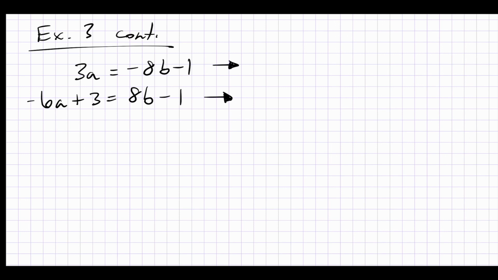on the other. So the top one, I would add 8b to both sides, and I get 3a plus 8b equals -1. The bottom guy, I need to subtract 8b from both sides, so I'd get -6a minus 8b.